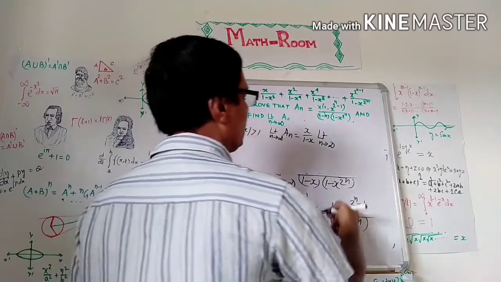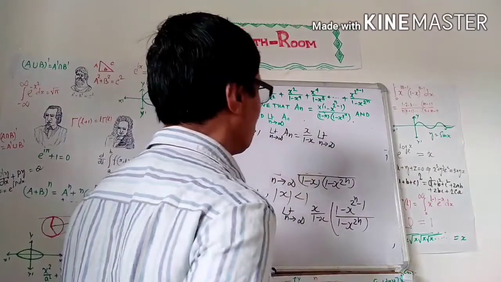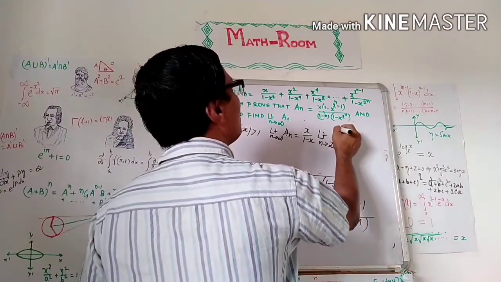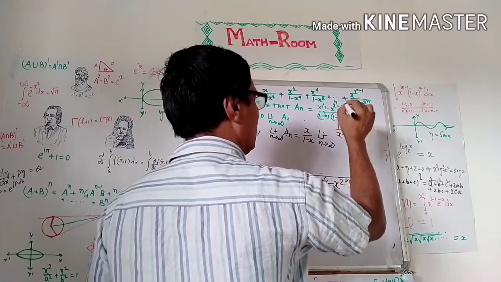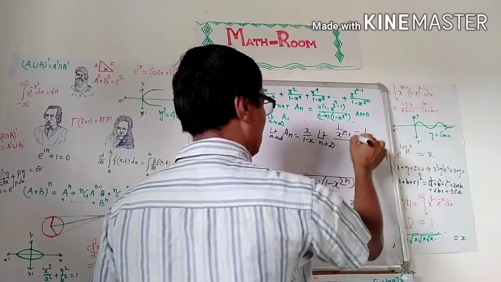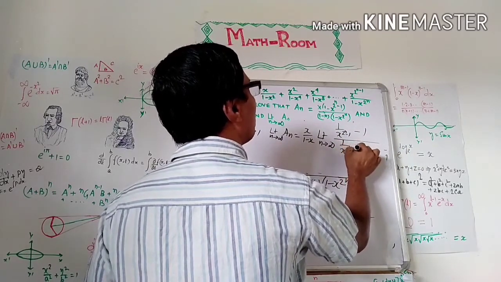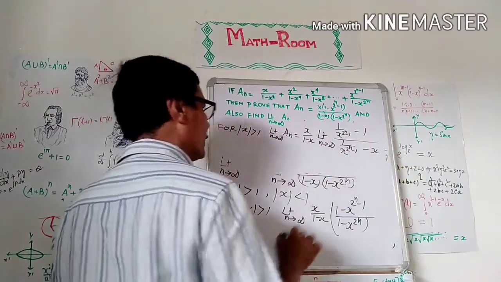We can divide the numerator and denominator of this expression by x to the power 2 to the power n minus 1. We get 1 by x to the power 2 to the power n minus 1, minus 1, over 1 by x to the power 2 to the power n minus 1, minus x.